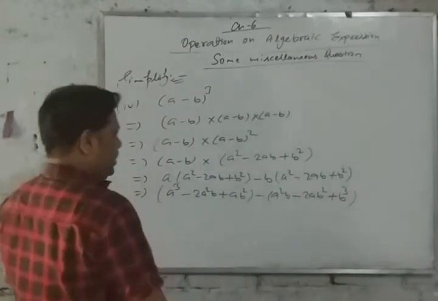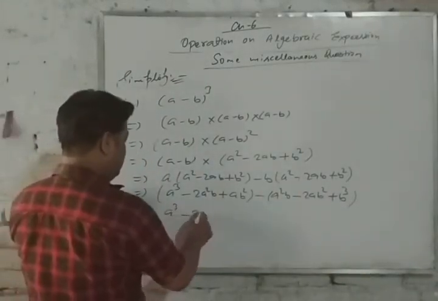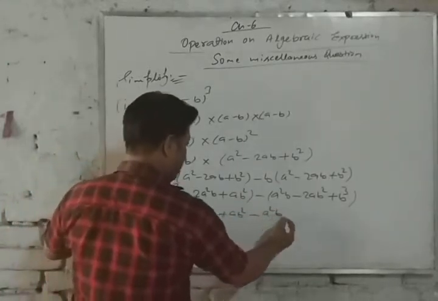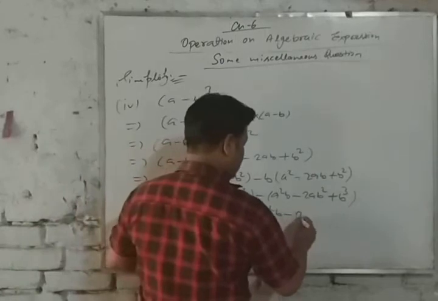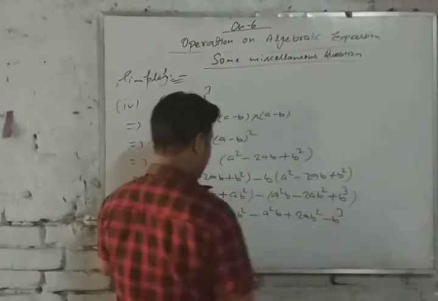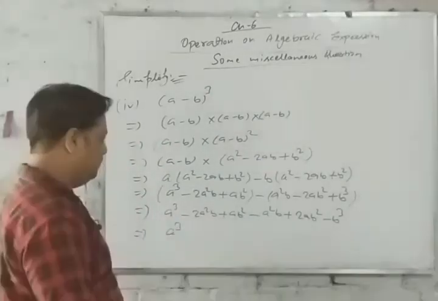Now remove the bracket. a cube minus 2a square b plus ab square minus a square b plus 2ab square, because the sign will change now, minus b cube. Now there is only one a cube, so we will write one a cube only. Okay.